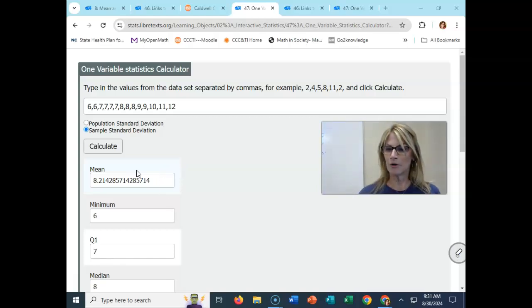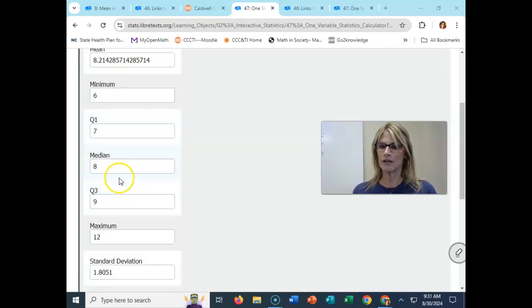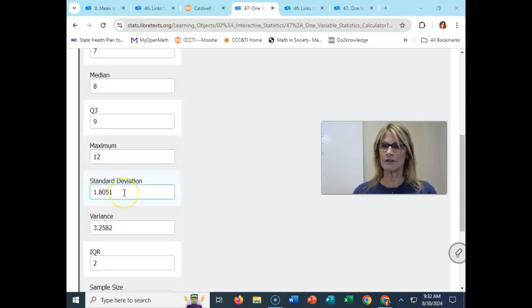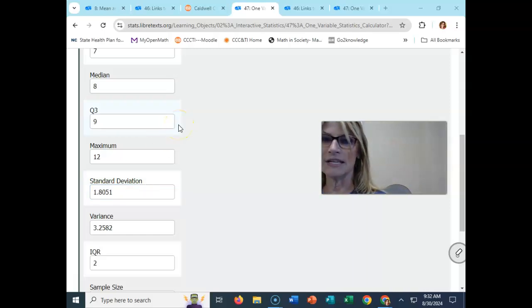It gives you your minimum, and this is called your 5-number summary. Q1, your median, Q3, which is your 75th percentile, your standard deviation. If it's your sample standard deviation, it would be s or maybe Sx.